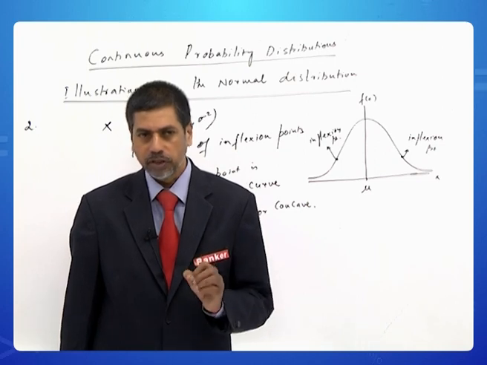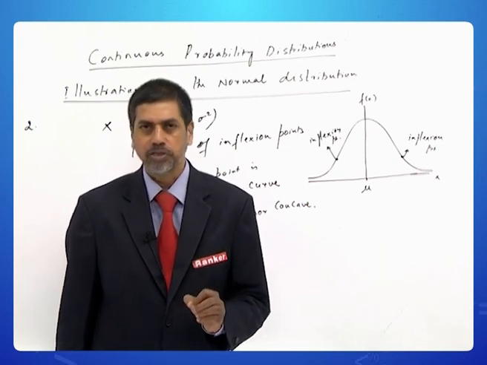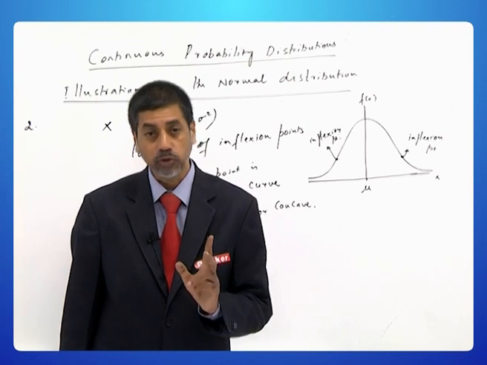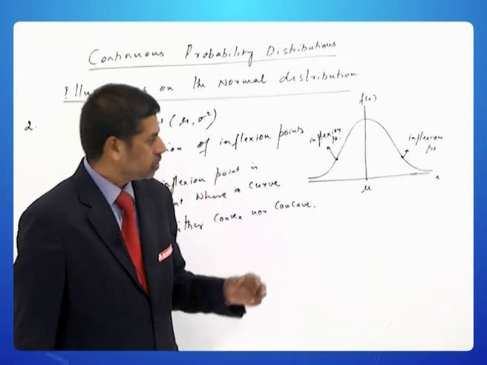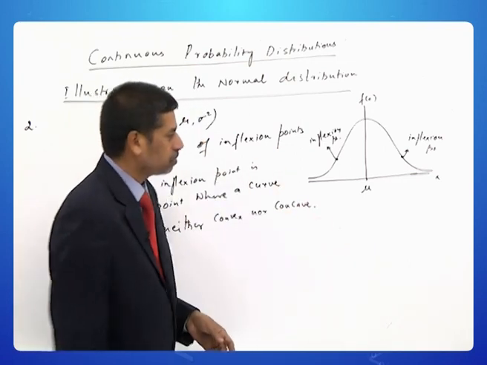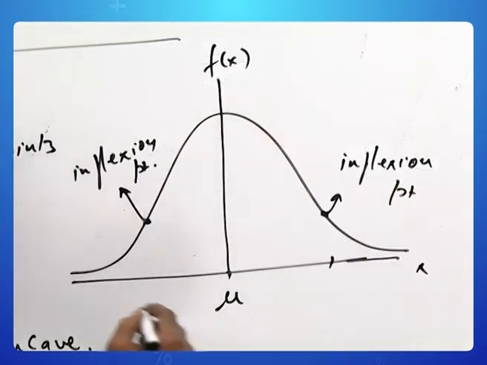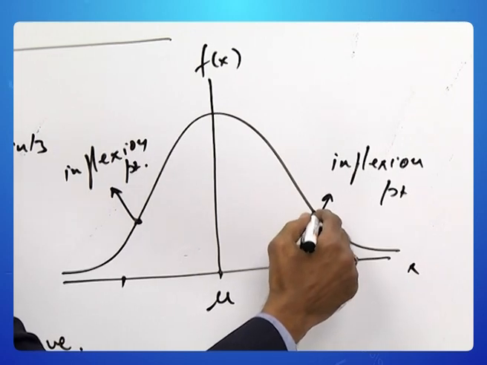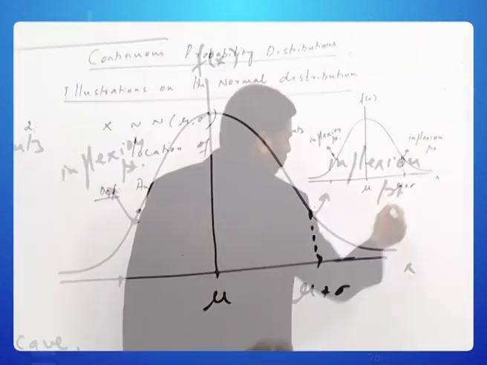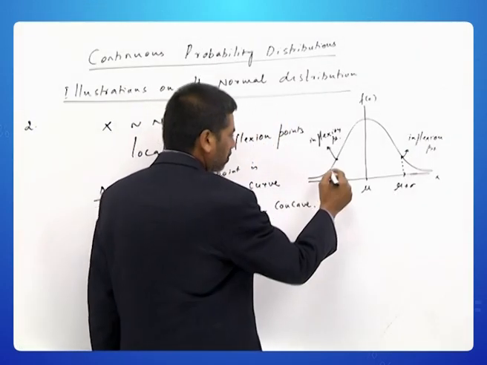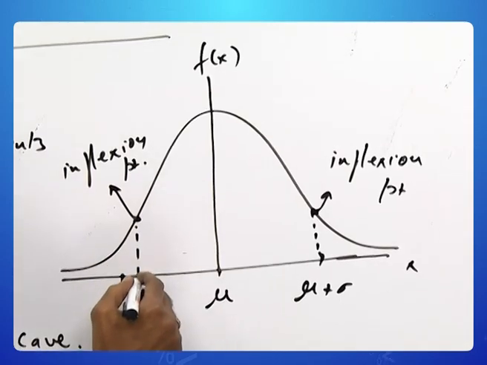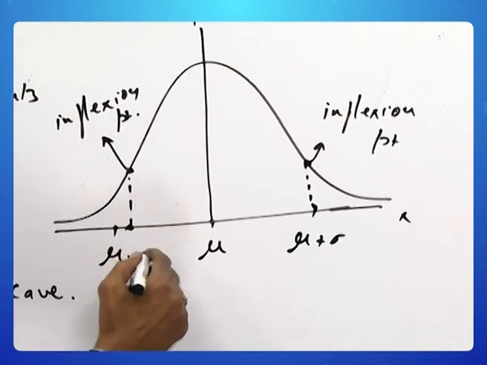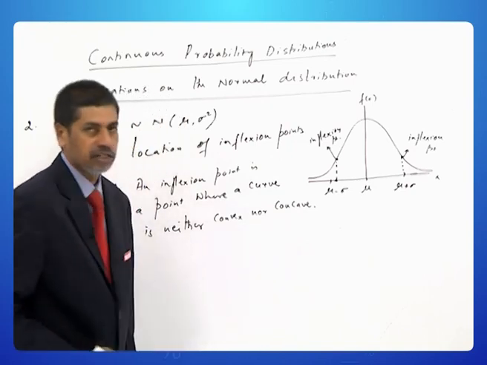And one of the important observations about normal distribution is that there are two inflection points. Using calculus, we can find those points, but we will just look at the result itself. One inflection point corresponds to x is equal to mean plus standard deviation, and the second inflection point corresponds to mean minus standard deviation.